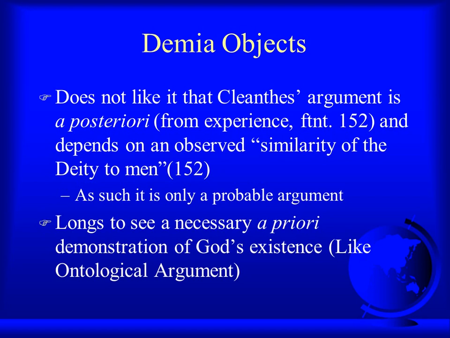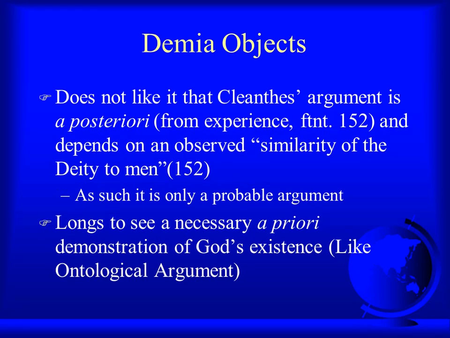not with absolute certainty. So what he doesn't like is that arguments like the design argument are a posteriori, that is, they're after and based on experience, and he says it also depends on an observed similarity of the deity to men.